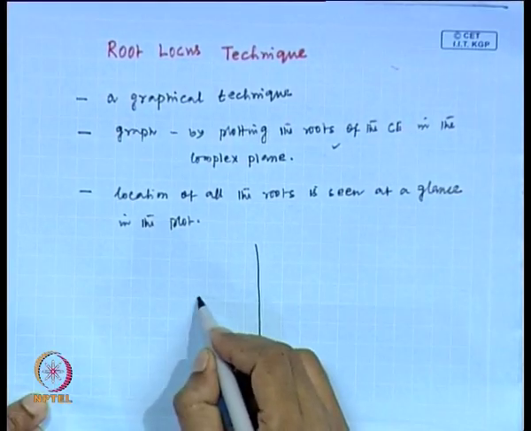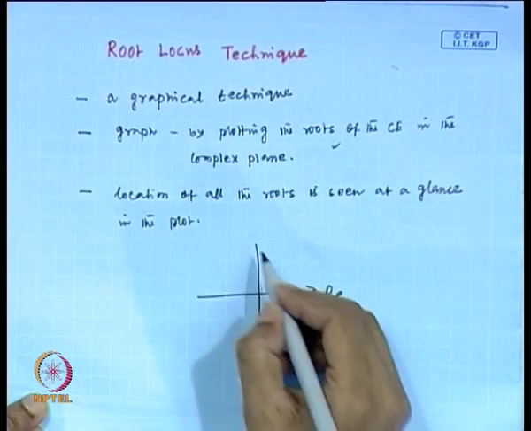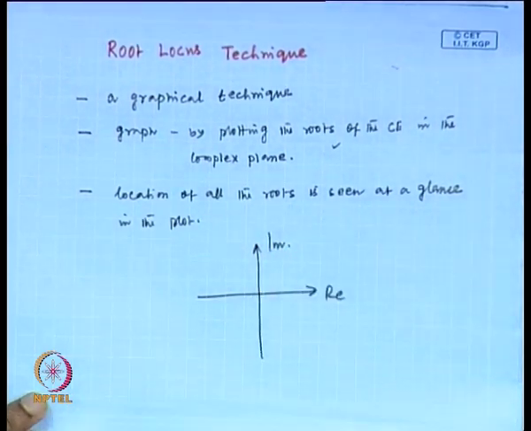Fine. So, we have the characteristics equation, we can determine the roots. Now, we will consider one complex plane, and we will locate all the roots in this plane.